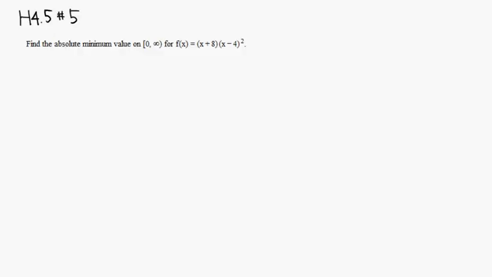Let's find the critical number by taking a derivative, f prime of x is equal to... We have to use the product rule here.